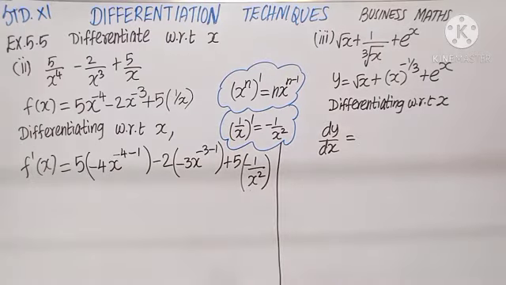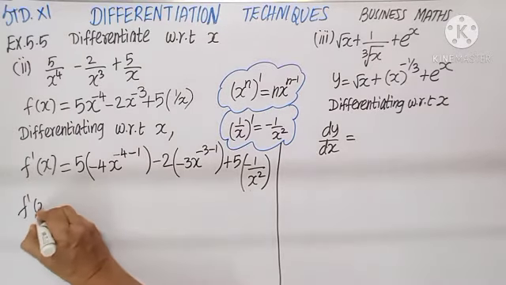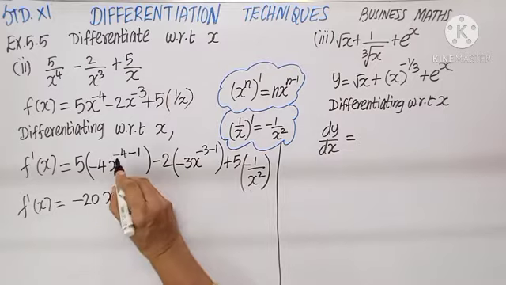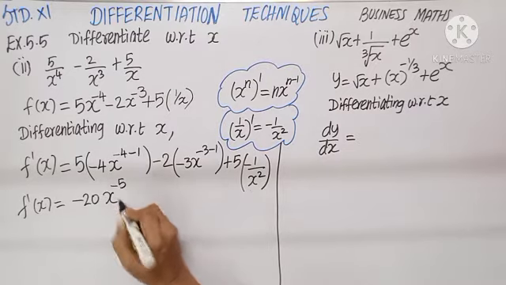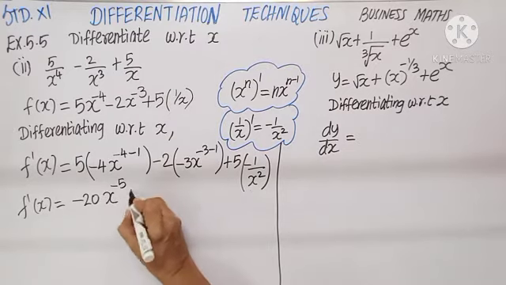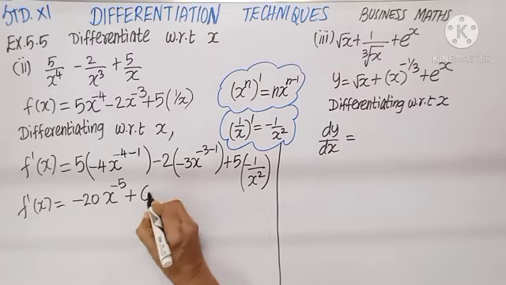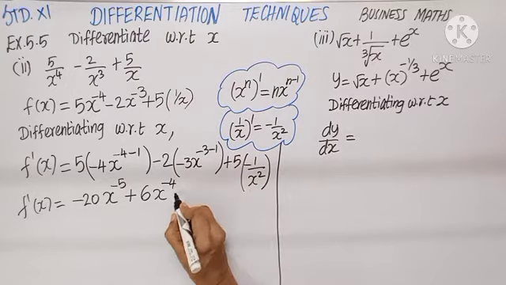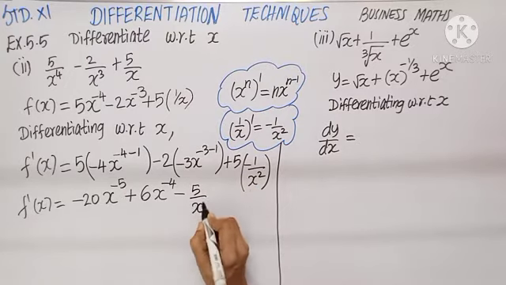As we simplify, f dash of x is equal to minus 20 x power minus 4 minus 1, minus 5, minus into minus plus, 2 3s are 6 x power minus 4, plus into minus minus 5 by x square.